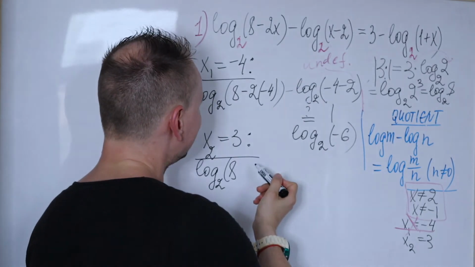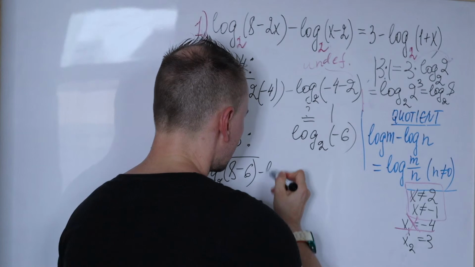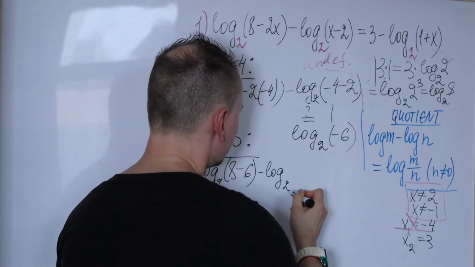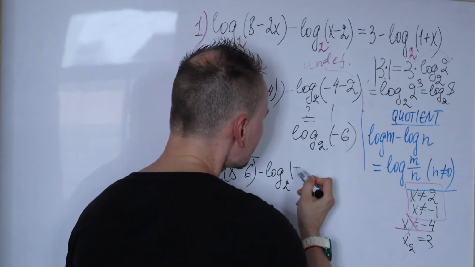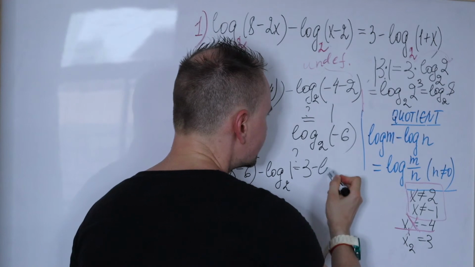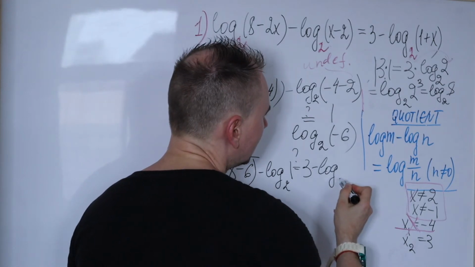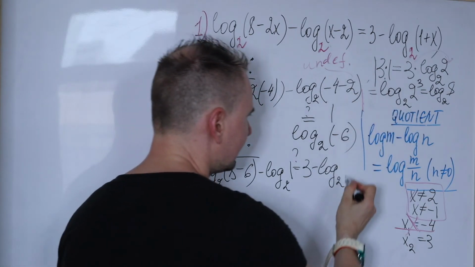So 2 times 3 gives you 6. 3 minus 2 gives you 1. And on the right side, I will put a question mark since we're checking and we're not sure. And it's going to be 3 plus 1, 1 plus 3, 4.